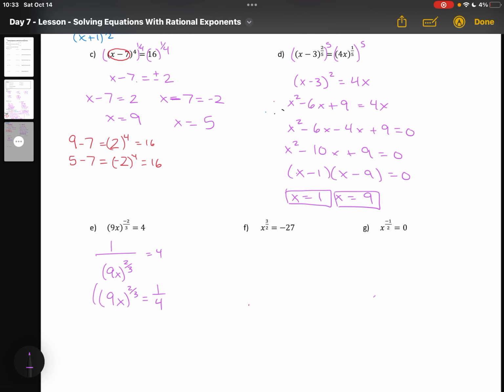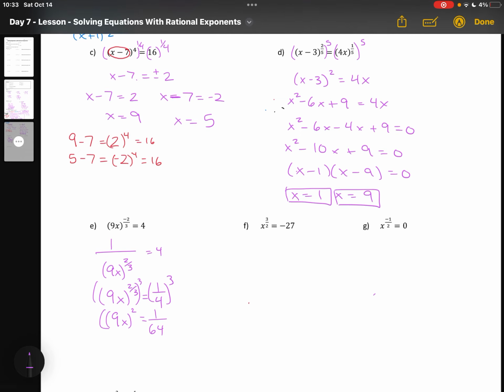In order to clear my exponent, I'm going to cube both sides to clear that denominator. I get 9x squared equals 1 over 64. Then I'm going to need to take the square root of both sides, or raise both sides to the 1/2. And then I get 9x equals plus or minus 1 over 8.